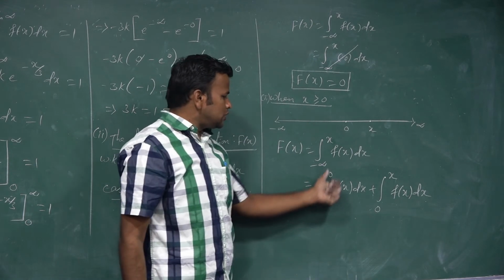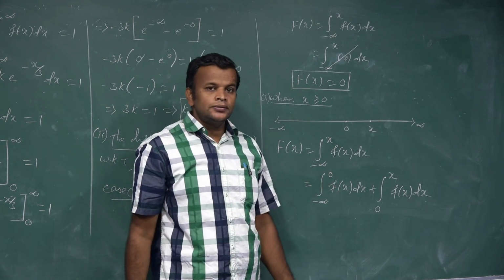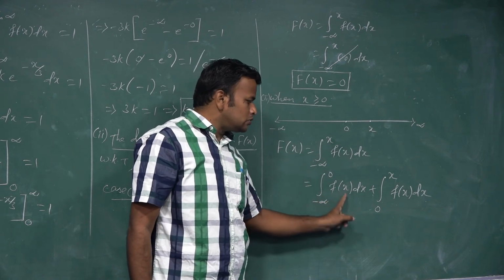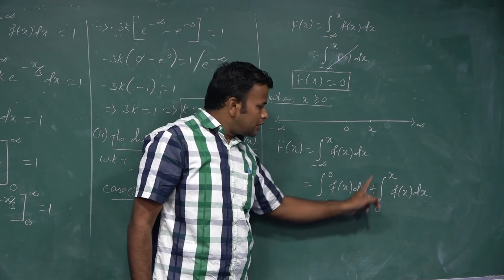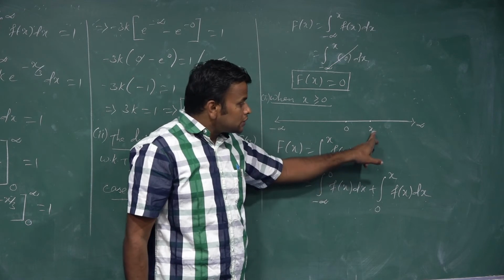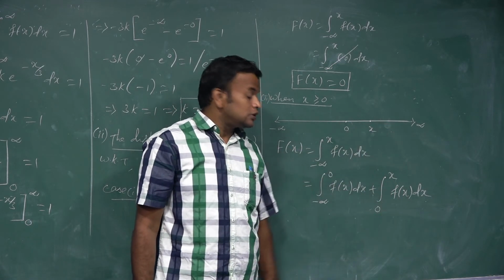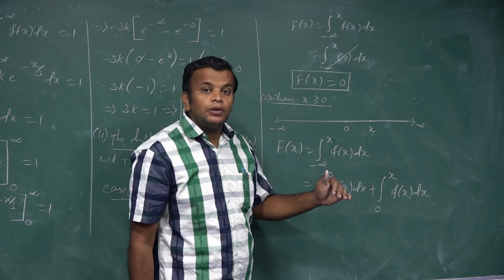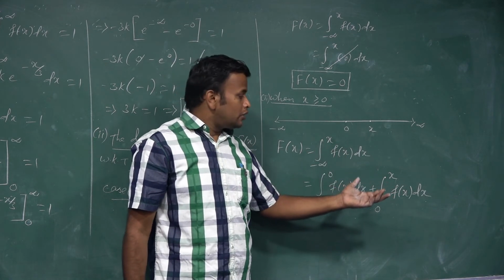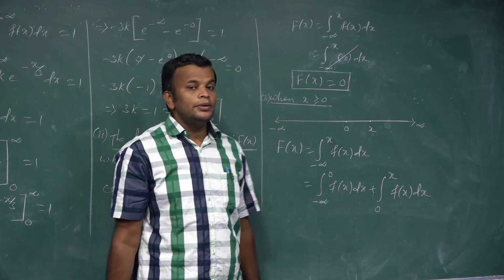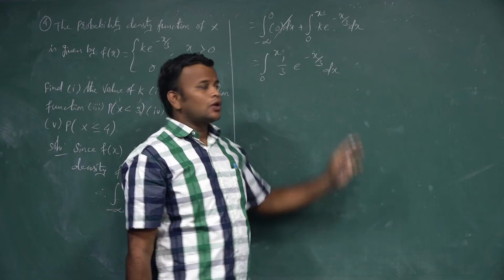In this interval, when x is less than 0, f of x value is 0. But when the value of x lies in this place, x is more than 0, so f of x is defined as k into e power minus x by 3. We already found the value of k, so we substitute here to find the value of capital F of x. Now we continue.